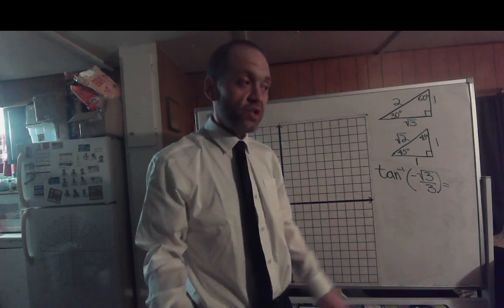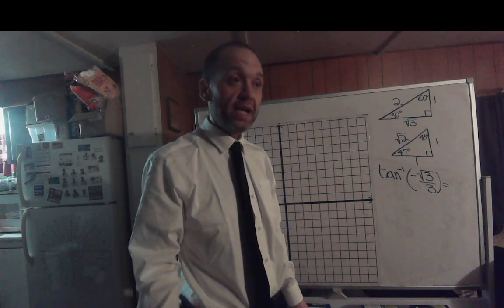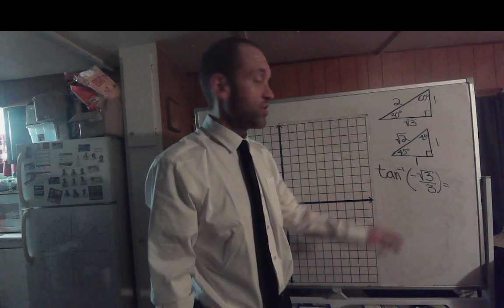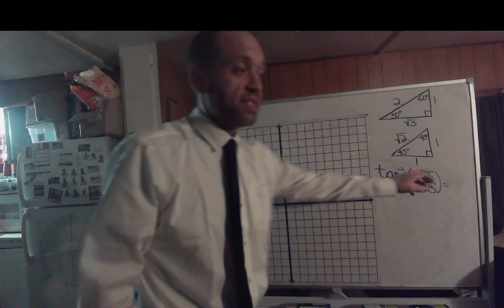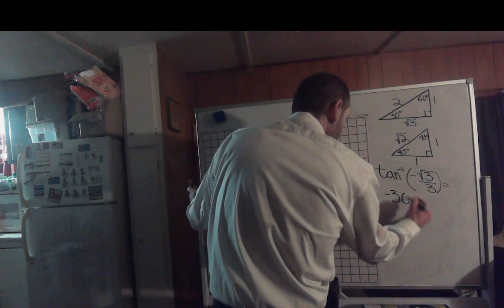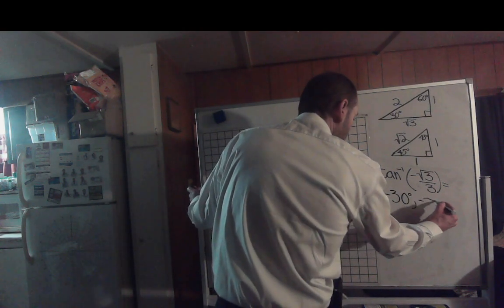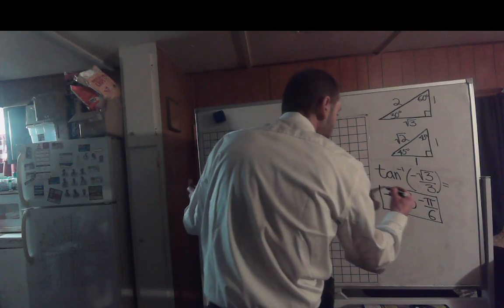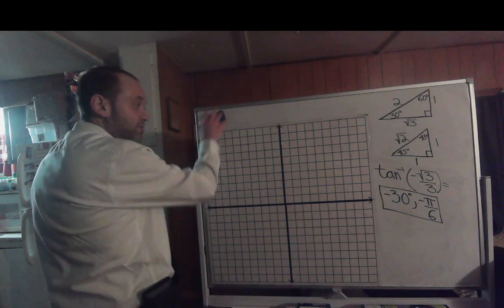But think of the range of your tangent inverse. It's from negative pi over 2 to positive pi over 2, so we're going to be in the fourth quadrant since it's negative. This gives us an answer of negative 30 degrees, or negative pi over 6 radians.